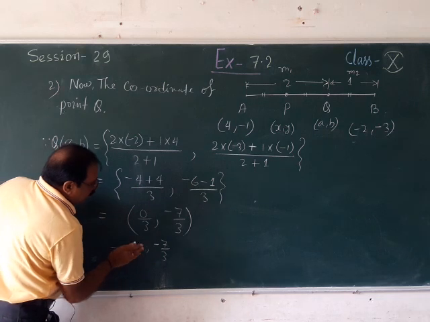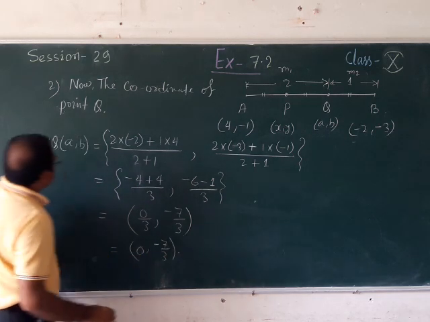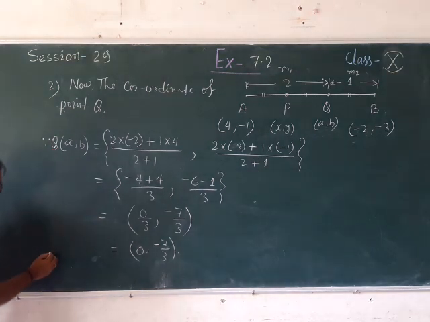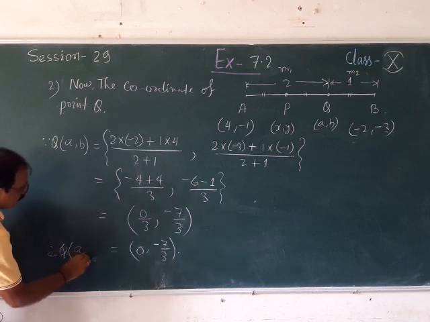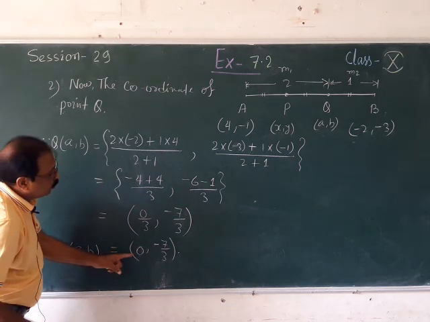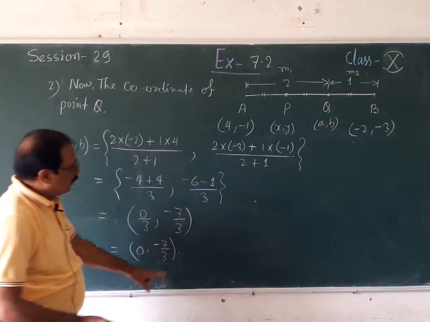That means the coordinates of these 2 points are obtained. Therefore you can write here Q(a, b) is 0 comma -7 by 3.